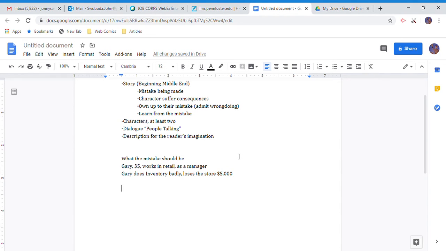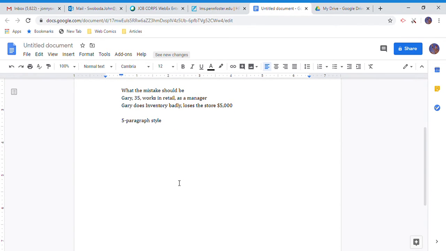Just for the sake of this, let's go with a five-paragraph style. For yours, you don't have to. It could be much longer, but just for the sake of planning, we'll call paragraph 1 the intro.